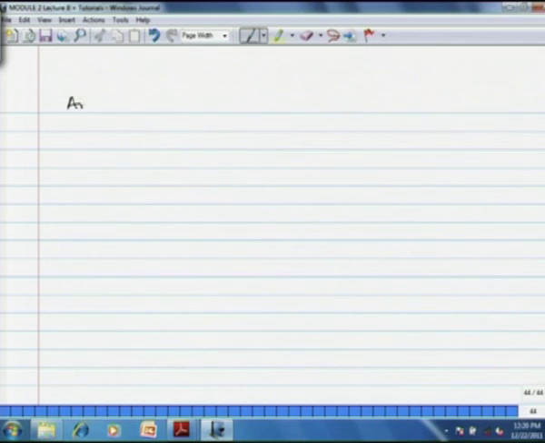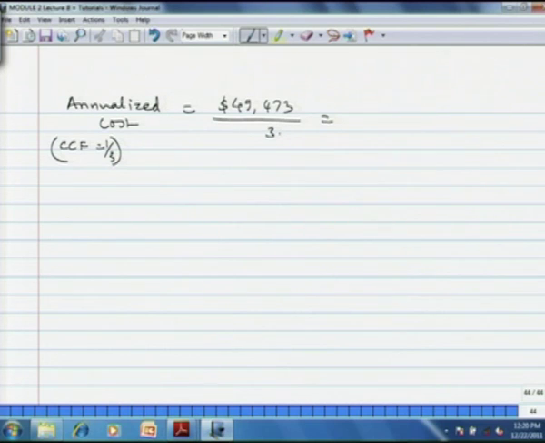So, the annualized cost is $49,473 by 3. The CCF is 1 by 3, or 0.33, whatever it is, and that comes out to be $16,491 per year.